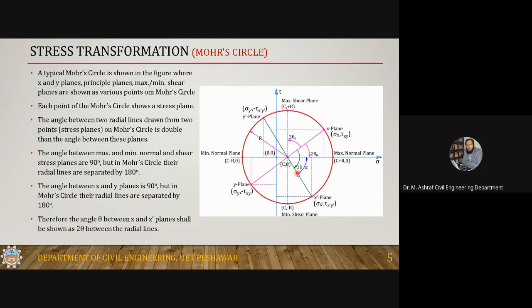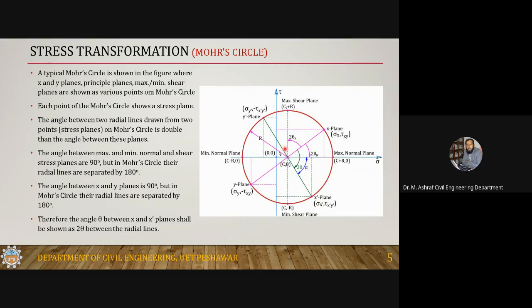So we can conclude from this that the angles in the Mohr circle are double the actual angle between the planes. The angle in the Mohr circle between the corresponding radial lines is double the angle between the respective planes. One thing is that this is the maximum normal, this is the minimum, this is maximum shear, and this is minimum shear.